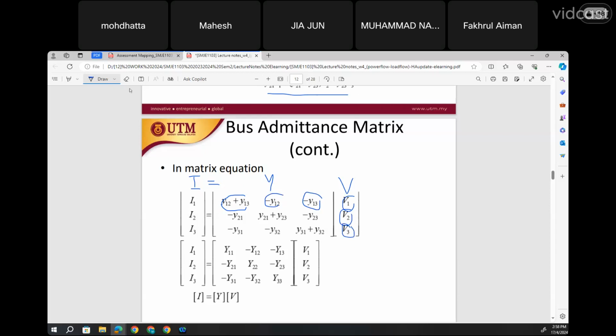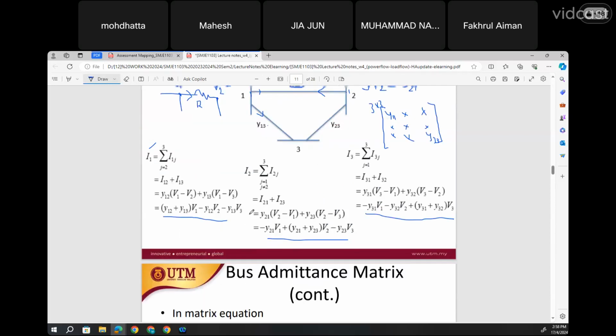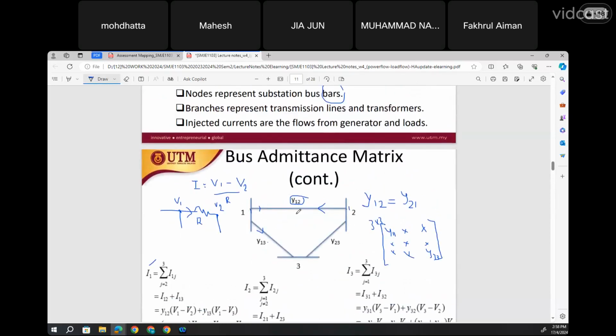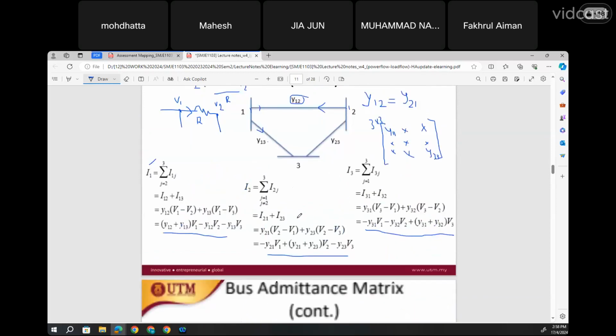You might wonder why we have this one in small letter and this one in capital letter. The small letter is basically the actual impedance or actual admittance value.